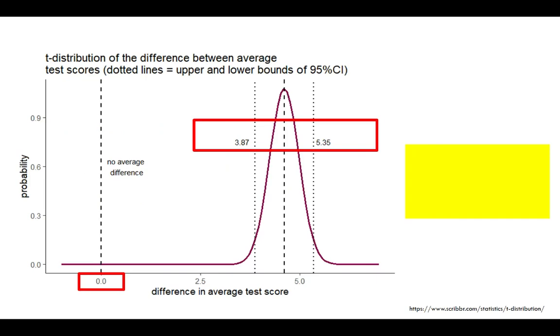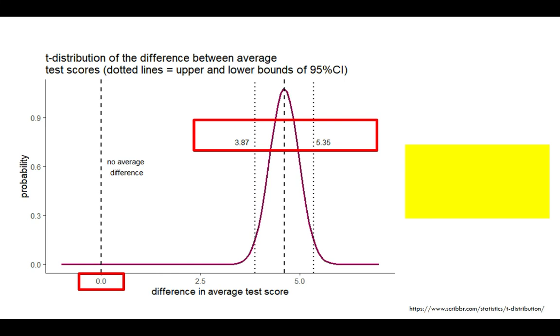But let's now look at this graphically. So we see this t-distribution for the difference in the average test scores. And we found this upper and lower bound, right? So if you're looking for the upper and lower bound, look into that large red rectangle. And we had that range, remember, it went from 3.87 to 5.35, all right?